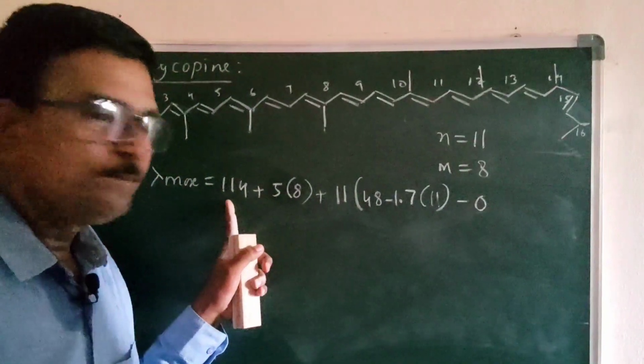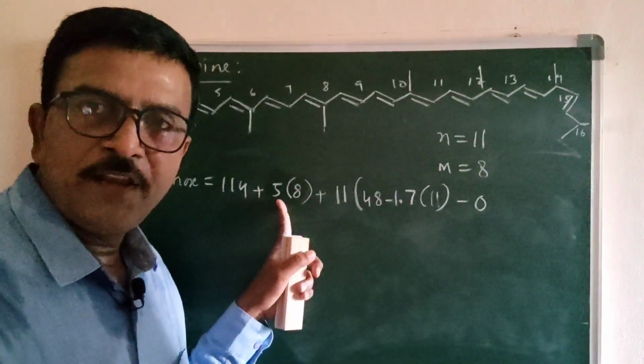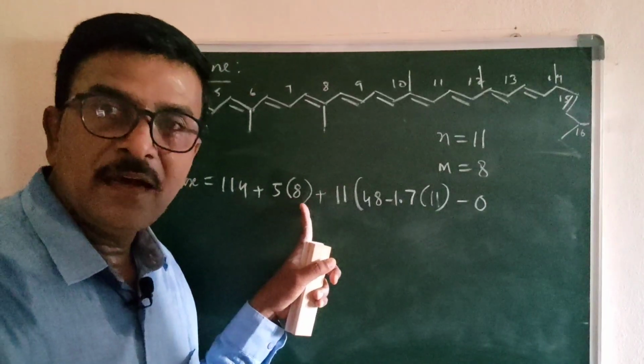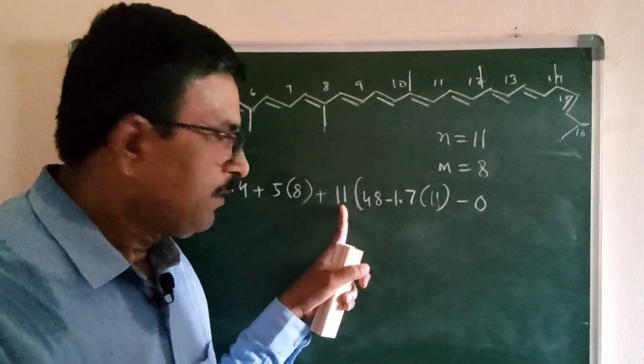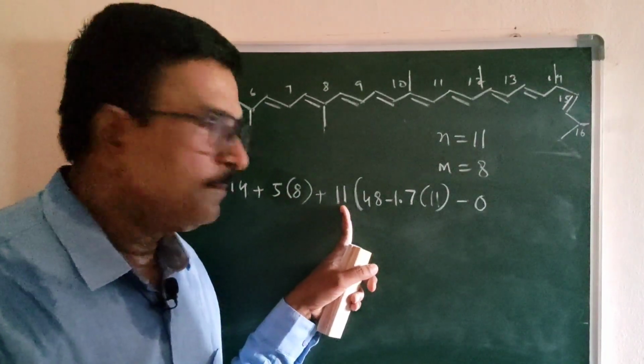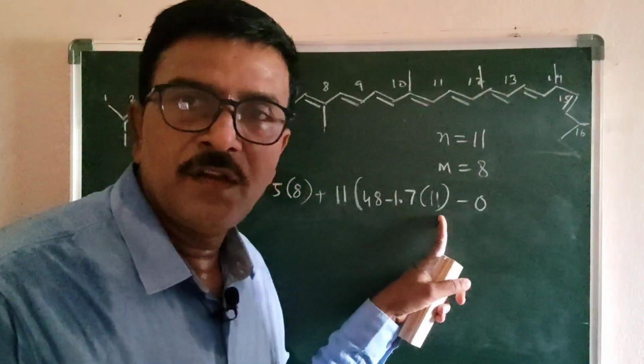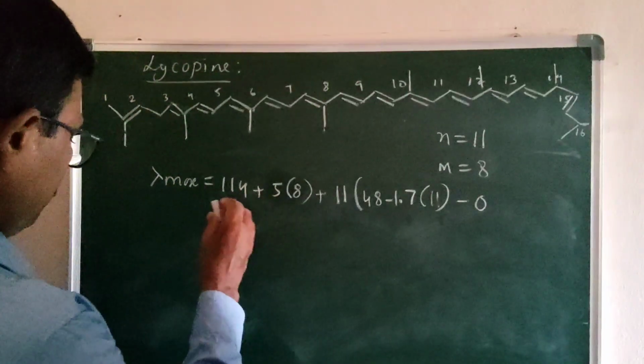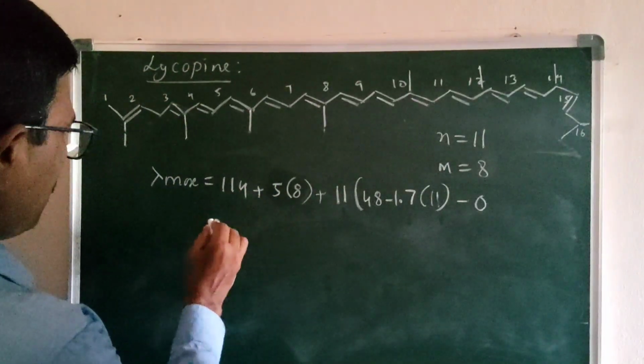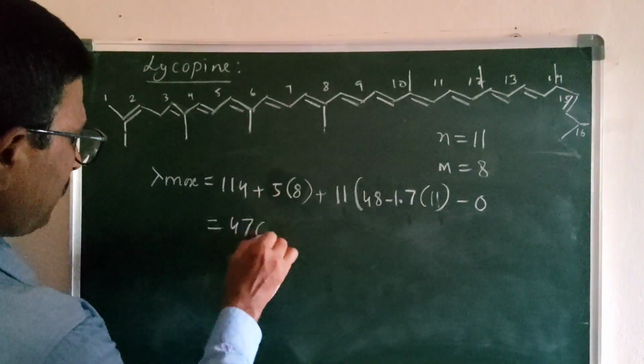So 114, each alkyl group 5 nanometer into 8 alkyl substituents, the number of double bonds is 11, 48 minus 1.7 into 11 conjugated double bonds. So it becomes 476 nanometer.